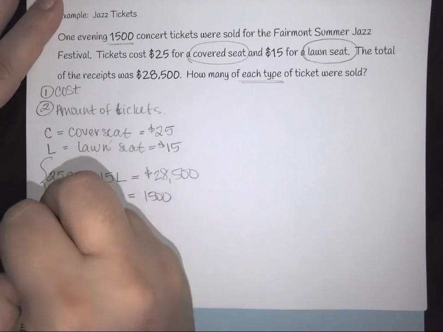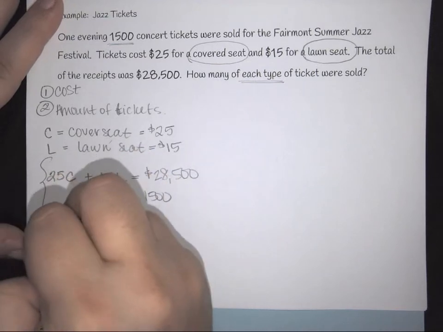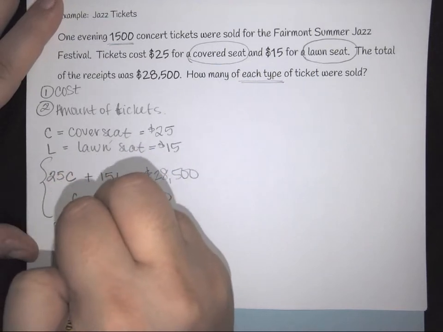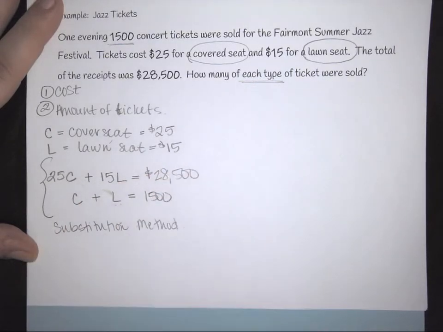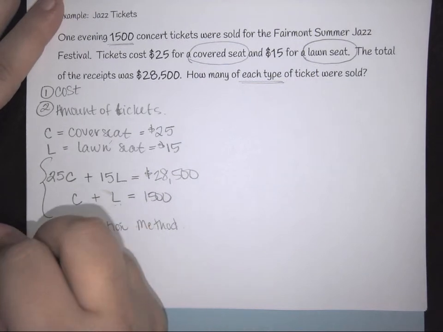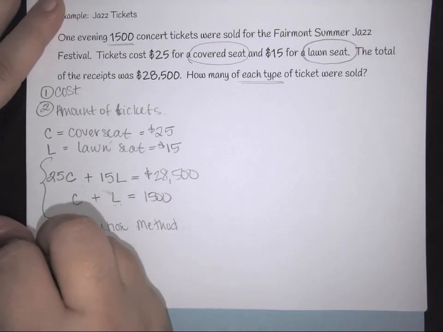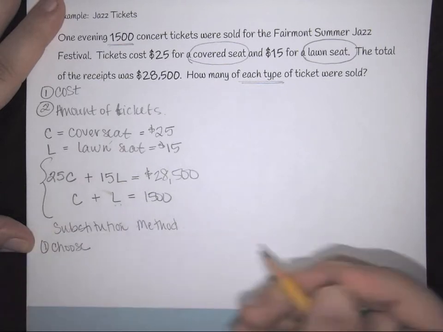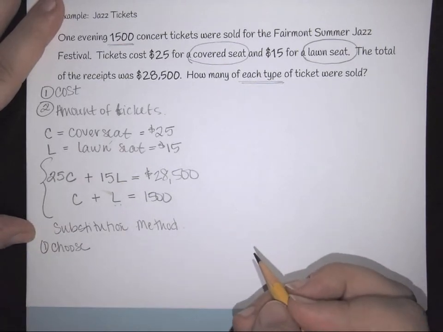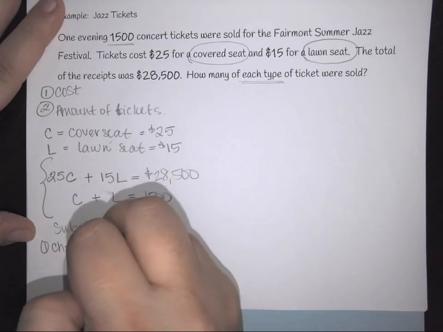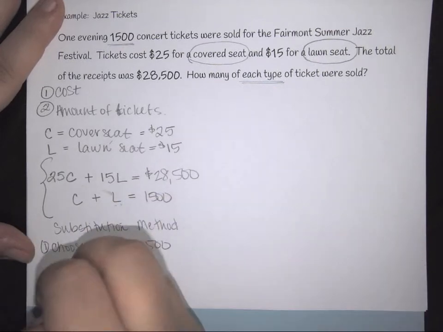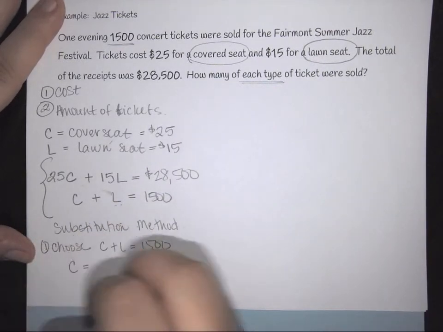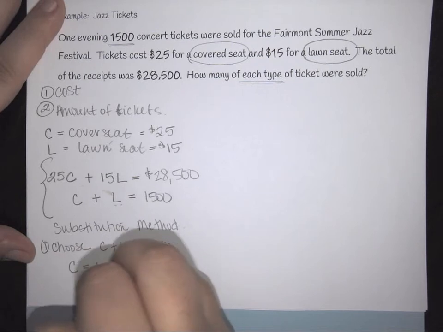I'm going to go ahead and use the substitution method to solve this one so you can see how that works. So the substitution method says, first I have to choose which equation I want to work with. So I'm going to choose C plus L equals 1500. And I'm going to go ahead and solve for C, which is going to be 1500 minus L.